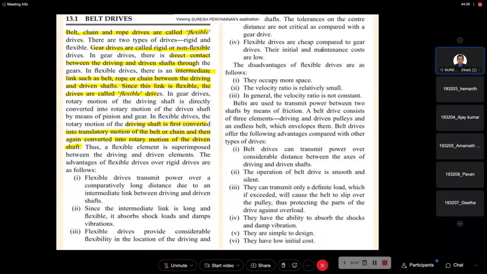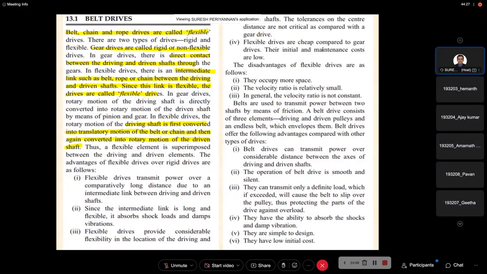But in a flexible drive mechanism, it is rotary motion to linear motion, then linear motion again converted into rotary motion.